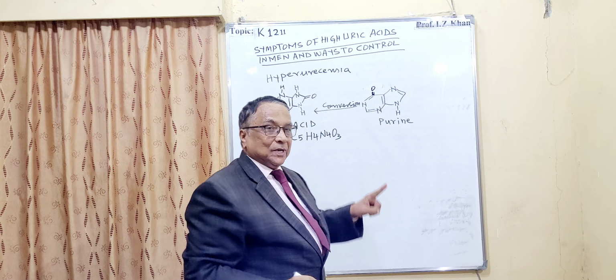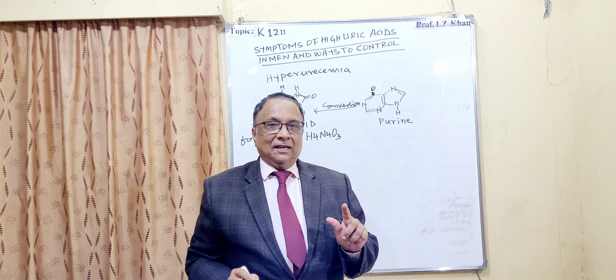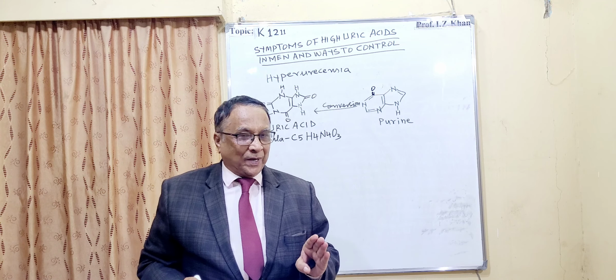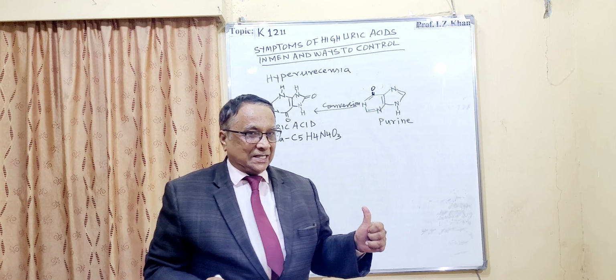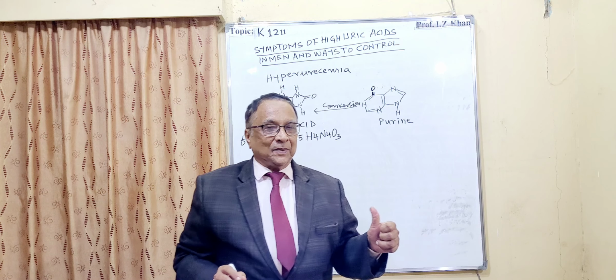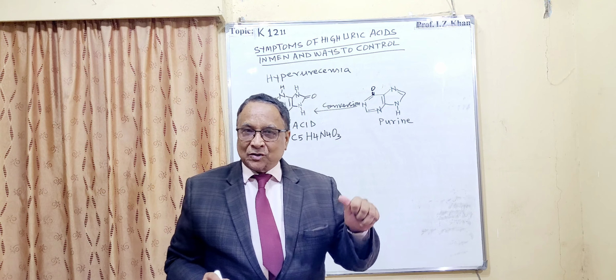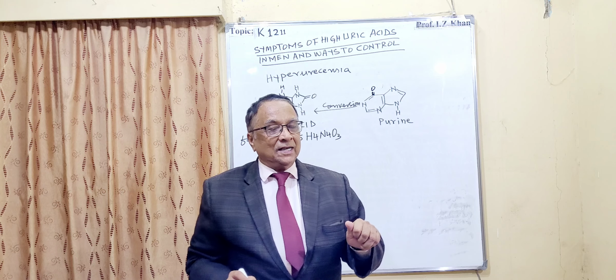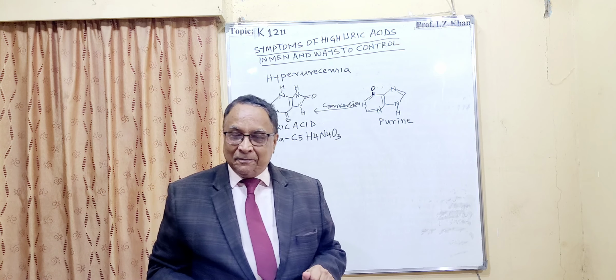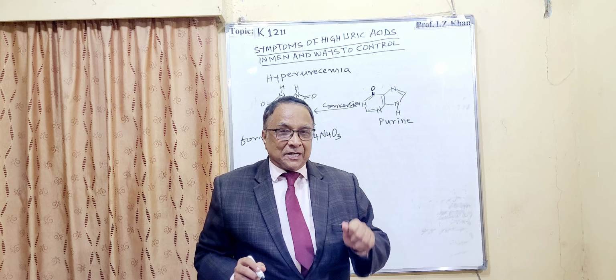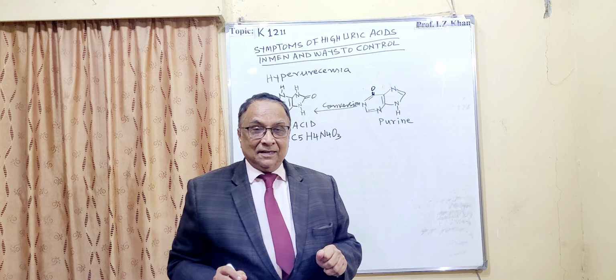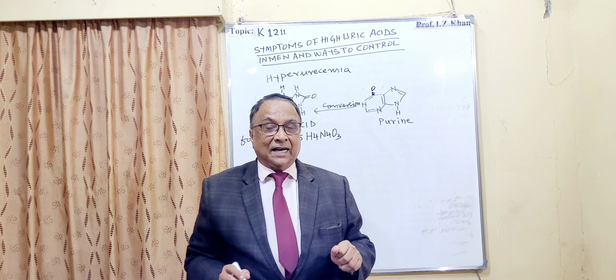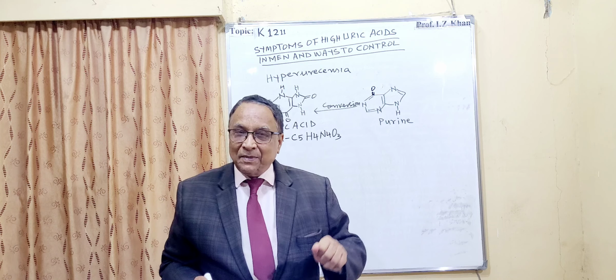So same purine nucleus, once there is an amino group attached to the 6-member ring, it has become adenine. Once oxygen is there, it becomes guanine, and this adenine and guanine are part of the base material of your DNA, deoxyribose nucleic acid, that is genetic material.